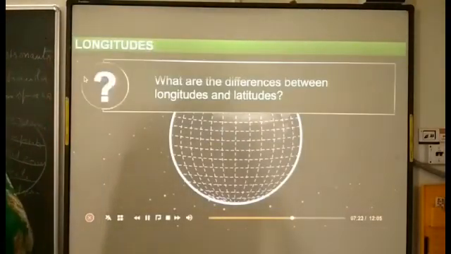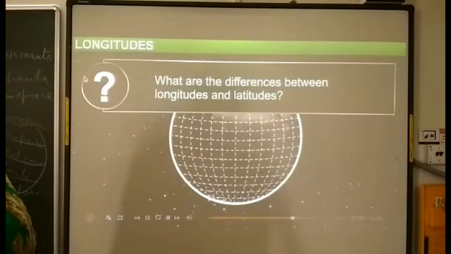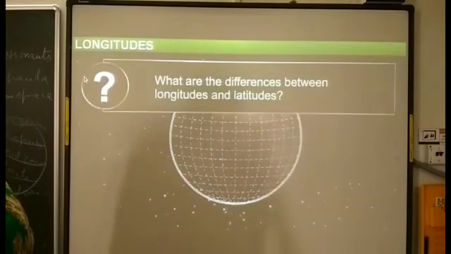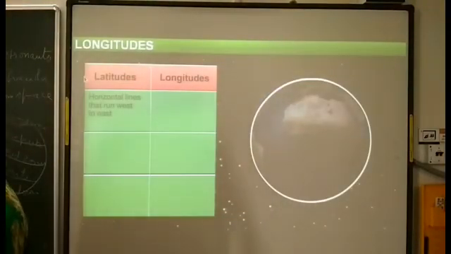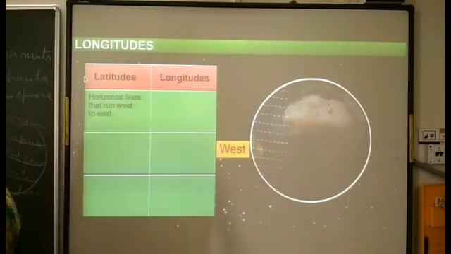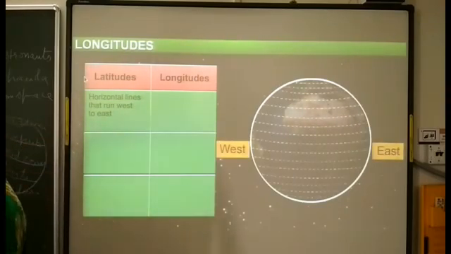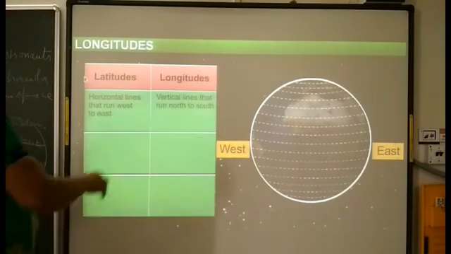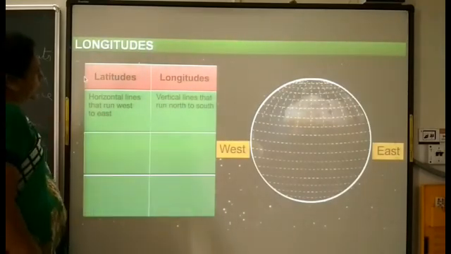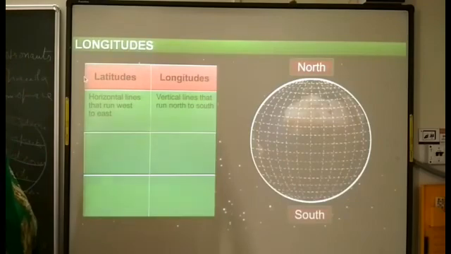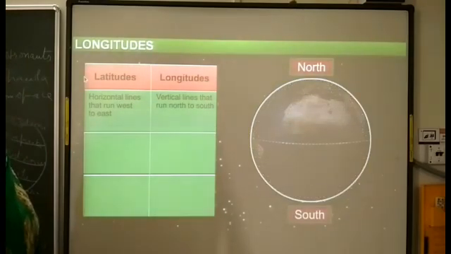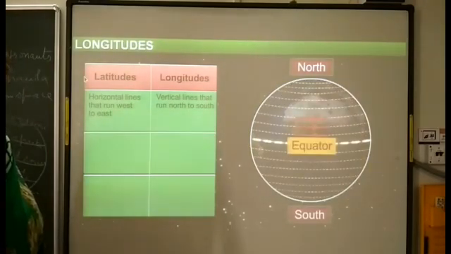What do you think are the differences between longitudes and latitudes? Latitudes are horizontal lines on the globe that run west to east, whereas longitudes are vertical lines that run north to south. Latitude lines run parallel to the equator and to each other.